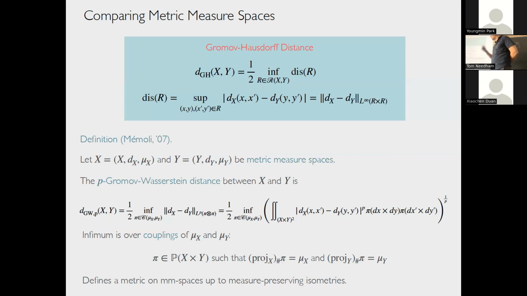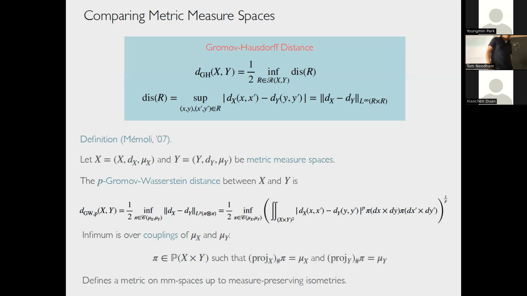So what do I mean by weighted correspondences? I mean probability couplings of the measures mu X and mu Y. What does that mean? It means I take probability measures on X cross Y such that when I project onto the coordinates and push forward that probability measure, I get my targets on X and Y respectively. You could say that the marginals of pi are mu X and mu Y, if you like that sort of language.